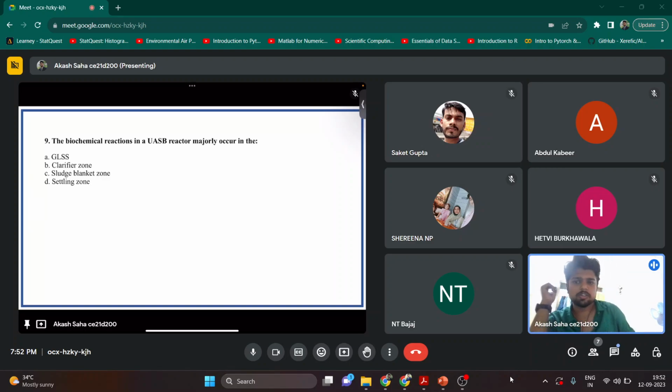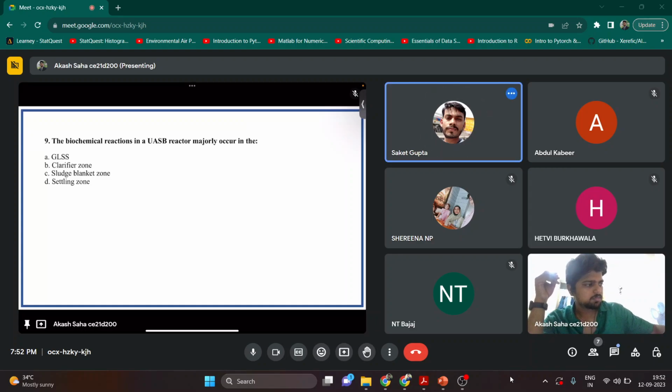Why do you think it's a settling zone? What is GLSS? Can someone tell me the full form of GLSS? That is gas, liquid, and solid separator.